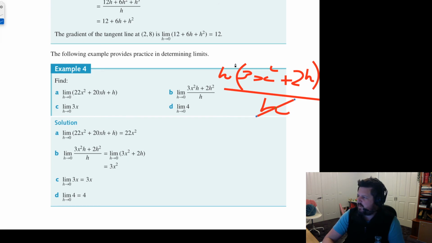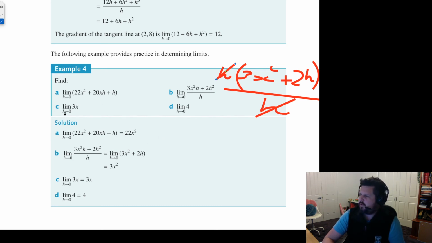So they cancel out, you'll just be left with 3x squared plus 2h. We can then evaluate the limit as h approaches 0 with this. So when you substitute 0 into h for just this part that's left over, 3x squared plus 2h, 2 times 0 is just going to be 0. You're just going to be left with 3x squared, which is this part here.